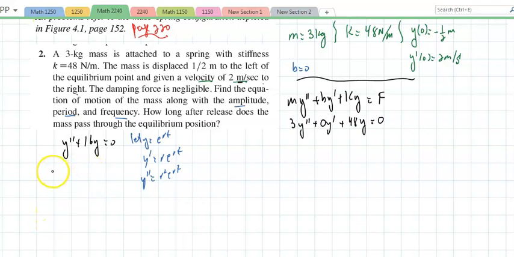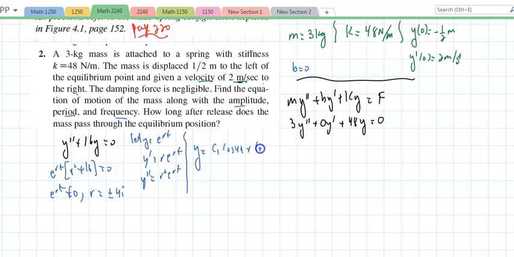In this case we get e to the rt times r squared plus 16 equal to 0. E to the rt cannot equal 0. It must be that r is plus or minus 4i, and that indicates that the general solution is y equals c sub 1 cosine of 4t plus c sub 2 sine of 4t.